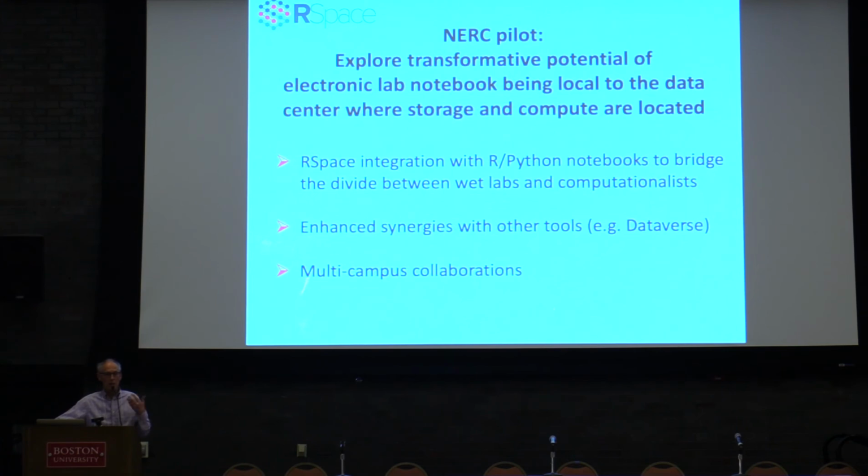And they might want to cooperate together, but oftentimes cooperation isn't as good as it should be. And there are many reasons for that, cultural, et cetera. But one of the reasons is because they use different tools. So the computationists all use Jupyter Notebooks, and the wet lab people all use things like RSpace. And unfortunately, never the twain shall meet, or often it's the case that they don't meet. So through the integration, we're going to provide a platform that will help in some ways to bridge the gap between those two communities, and that's really an important thing.